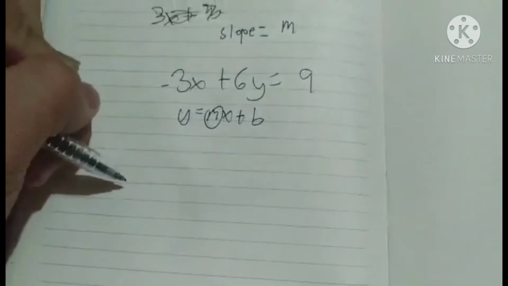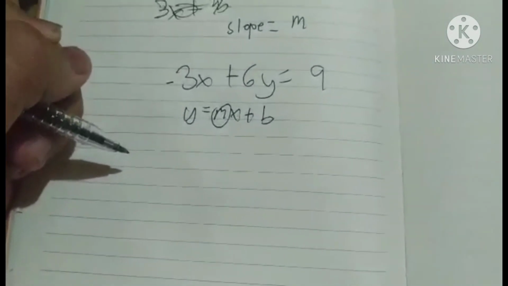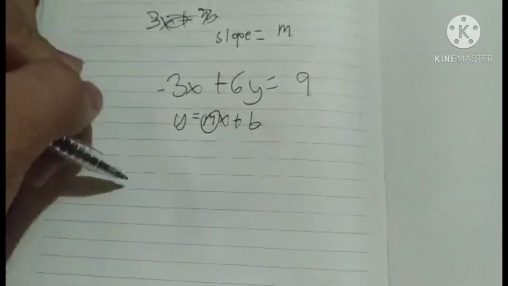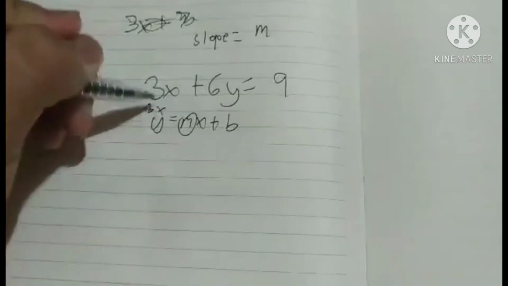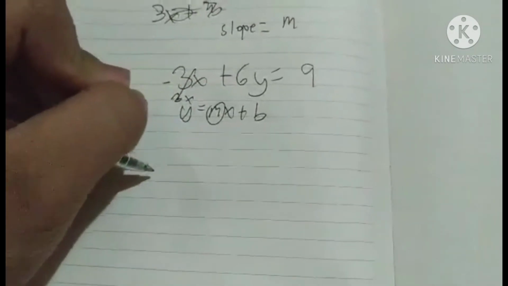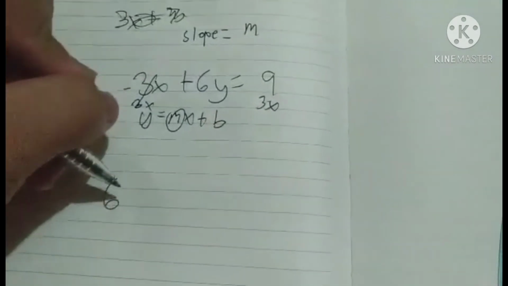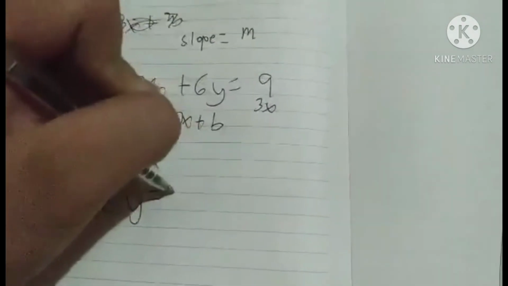We're going to add the additive inverse of negative 3x, which is 3x, so they cancel each other. I'm going to add 3x here, so it turns into 6y is equal to 3x plus 9.